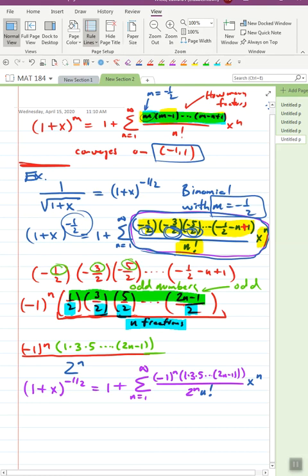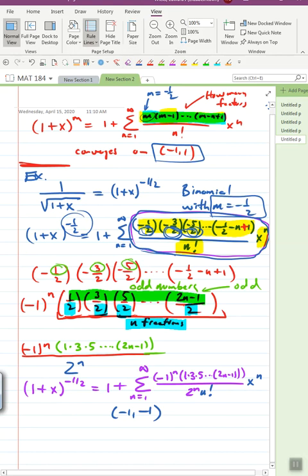Alright, now, this would answer the simple question of what is the closed form for the Maclaurin series for 1 plus x to the negative 1/2, which was our 1 over square root 1 plus x. This power series converges to that function on that interval of convergence. Which means what?